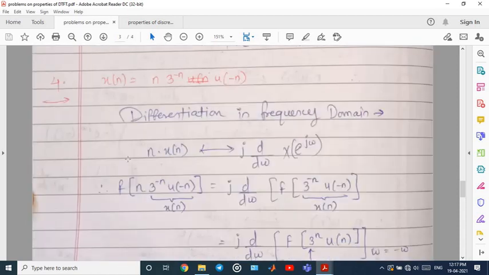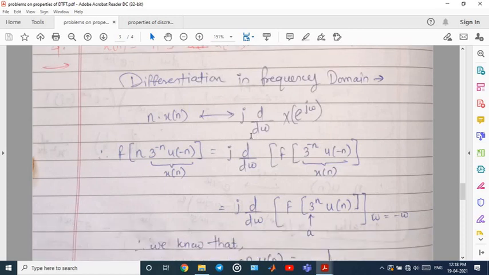It states that whenever there is a constant term n with respect to x of n, the DTFT of this term will be j times the derivative of X of e to the power j omega, the derivative of the Fourier transform. So write down x of n, which I have given here.